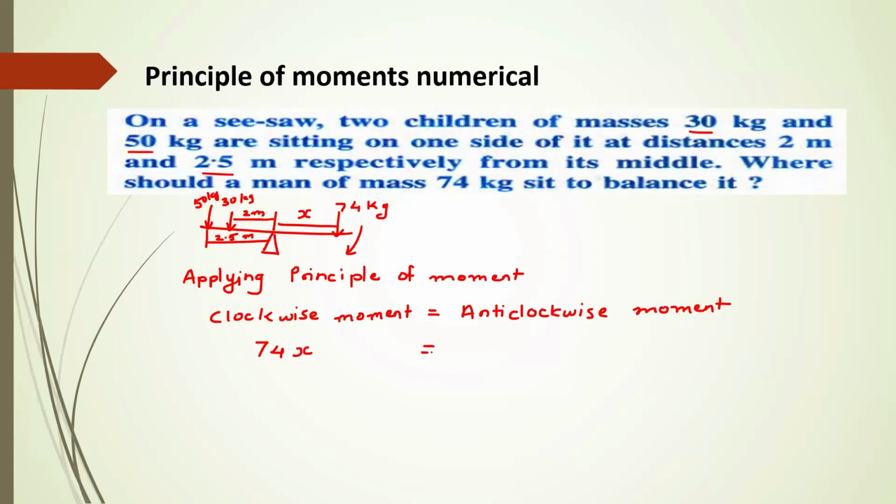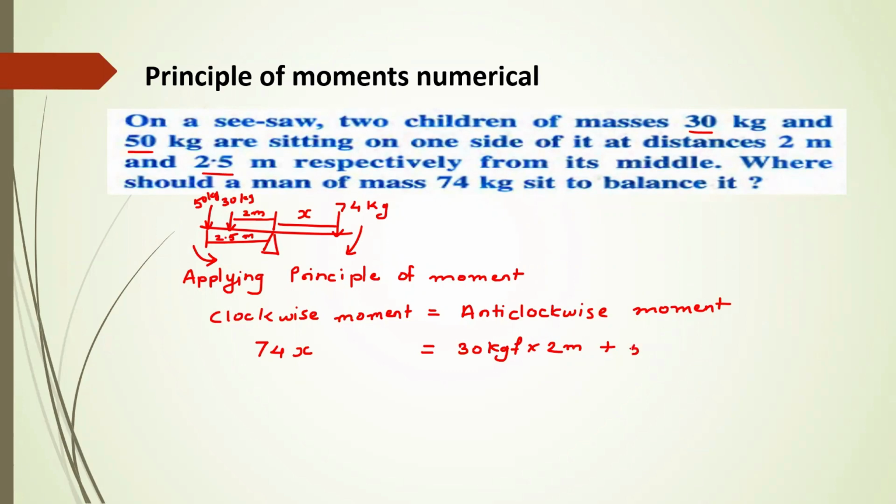Then what is going to be our anticlockwise moment? So this 30 kilogram and 50 kilogram. So now we will talk about the kilogram force. Yes, so 30 kilogram force and 50 kilogram force will try to move the seesaw in the anticlockwise direction. So I write it here, 30 kilogram force into the perpendicular distance of 2 meters, plus both of them are trying to turn the seesaw in anticlockwise direction, right?